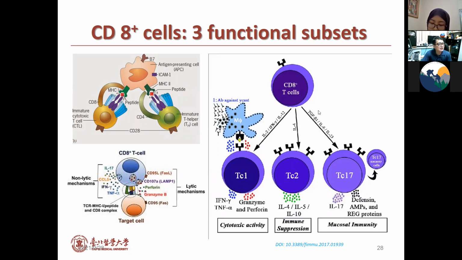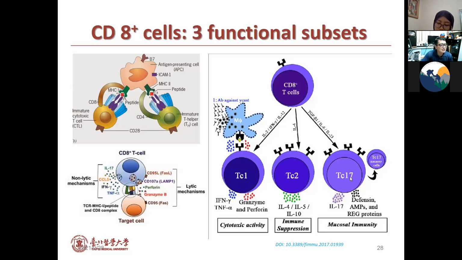Besides that, the activated CD8 T cells will develop into cytotoxic T cell 1, cytotoxic T cell 2, cytotoxic T cell 17. Okay, 1 and 2, you can see that 1 has cytotoxic activity.